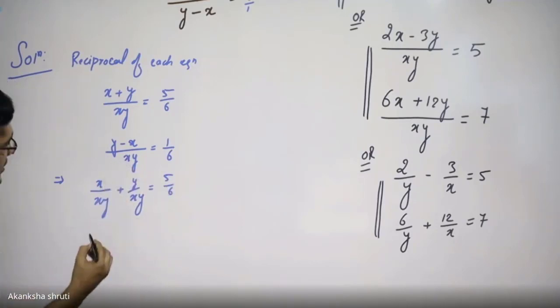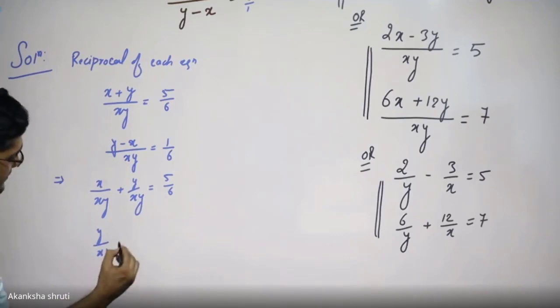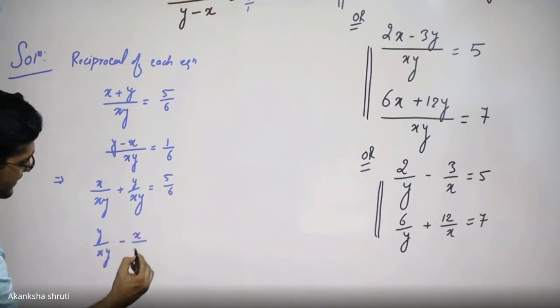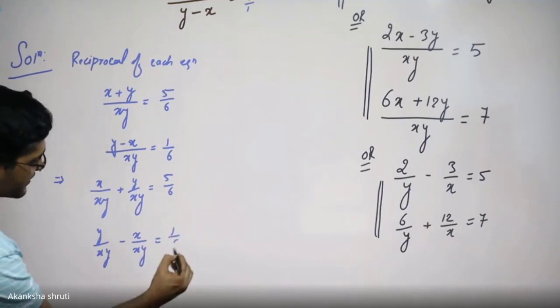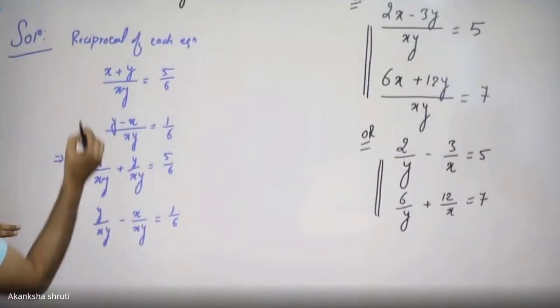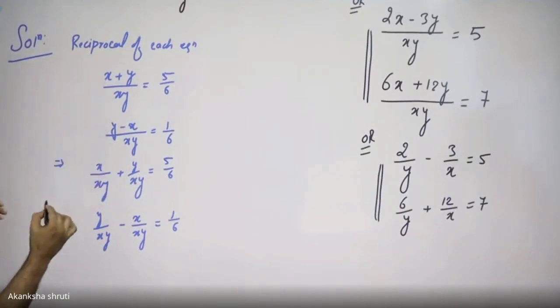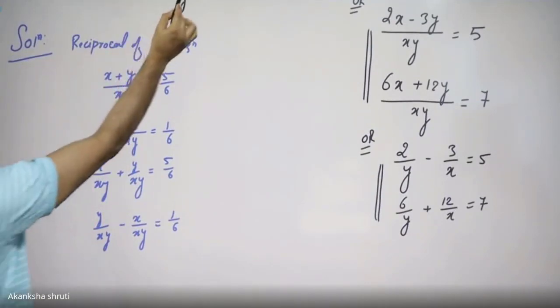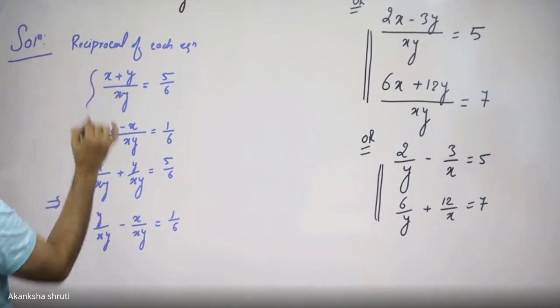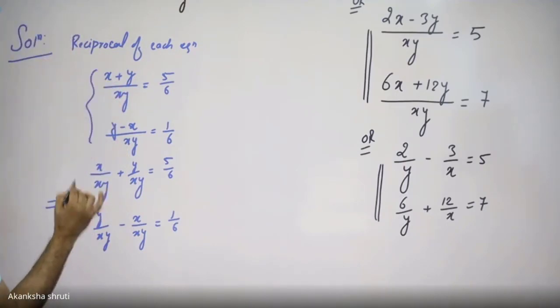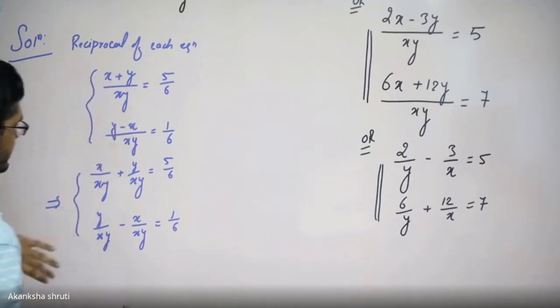And the second is y by xy minus x by xy is equal to 1 by 6. We are always writing in pairs, though we are putting only one implied symbol, but it is always in pairs. Be careful, it is forming one pair and this is the next step. So pairwise we are carrying on.